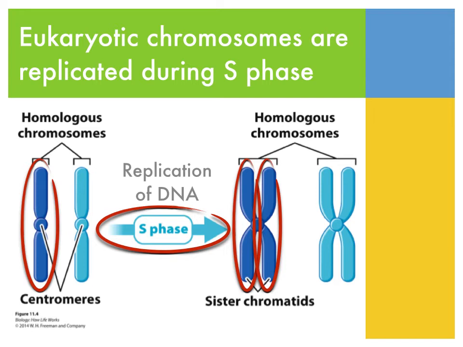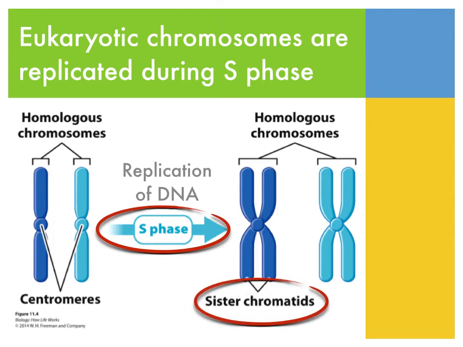These two pieces of DNA will stay connected together by means of a part called the centromere, and they are called sister chromatids. So sister chromatids are the two pieces of DNA connected by the centromere, and it is not to be confused with homologous chromosomes that are two different chromosomes of a same pair. Like here, the dark blue and the light blue.